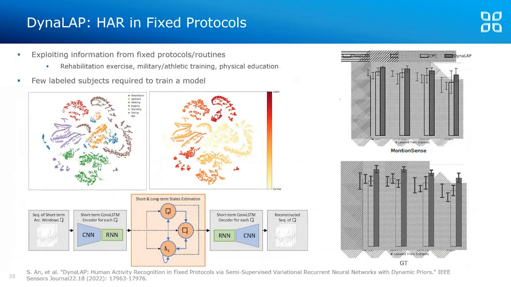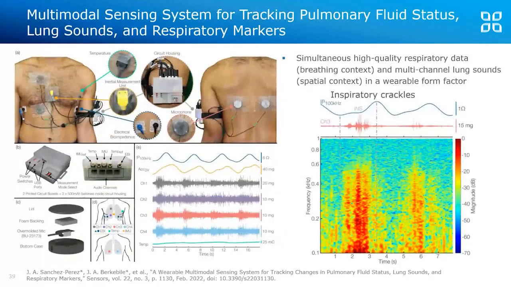And we also more recently published a paper where we took advantage of the structure of the activities to be able to train the model. And I think that in all of these, what's important is the fact that the activity is serving as a context for being able to detect the physiological changes.